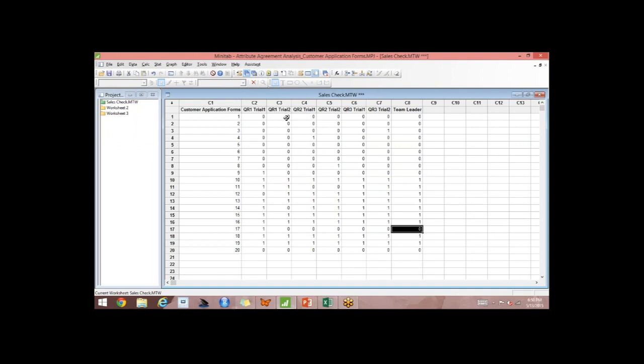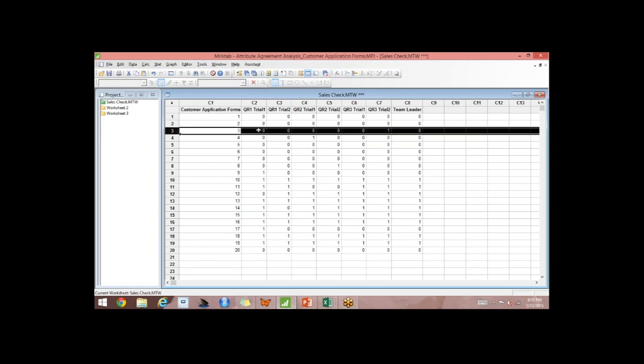Now I need to look into each and every appraiser versus the standard. Each and every appraiser reading versus the standard. Even if one number is different, that is a mismatch. Look at this. Customer application form 3. Everyone says customer application form is incomplete, including your standard, which is your team lead.